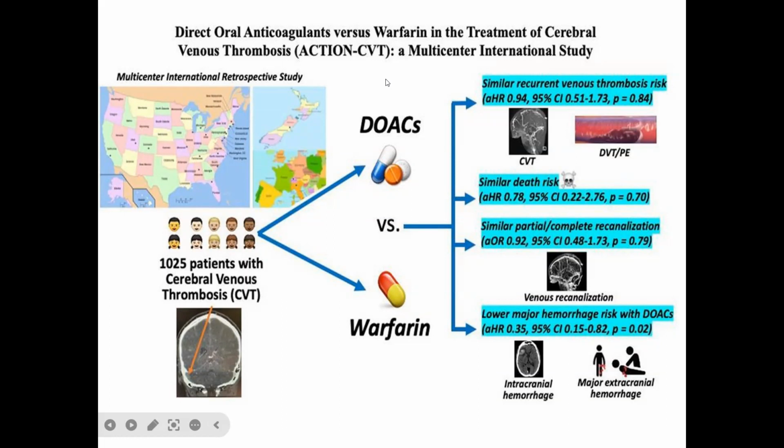The final results showed similar recurrent venous thrombosis in both groups, similar death rate in both groups, but lower major hemorrhagic risk with the direct oral anticoagulants. They concluded that direct oral anticoagulants can also be used in cortical vein thrombosis. This is a recent study. Do you remember this name, the ACTION CVT trial? Okay, next slide.